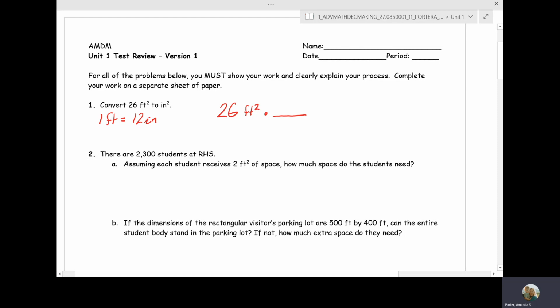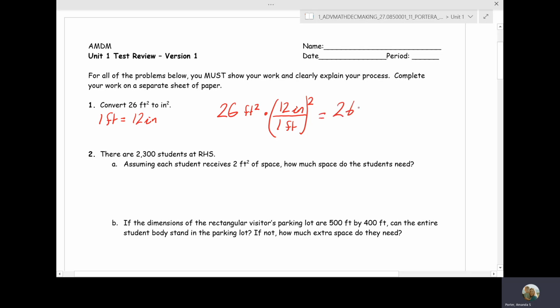If I leave it like this, though, with 12 inches over 1 foot, I'm actually not going to get rid of feet squared. So I think it's best if we remember then to get that feet squared, it ends up being just squaring the conversion factor.